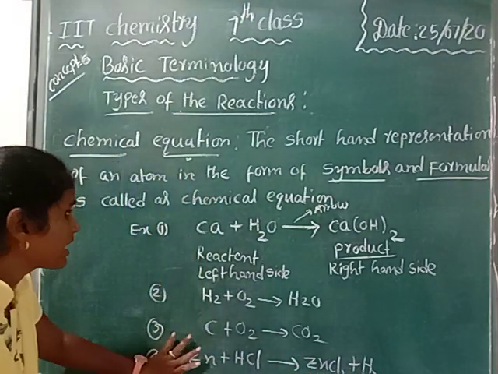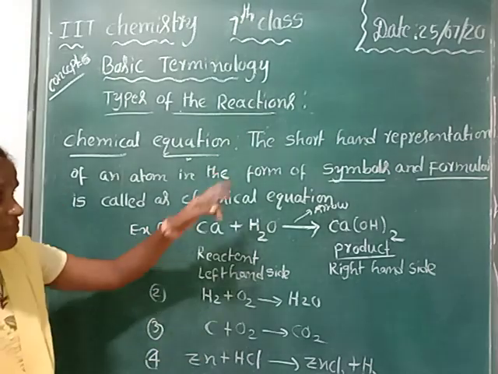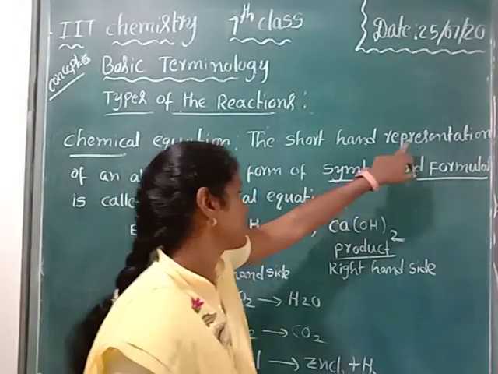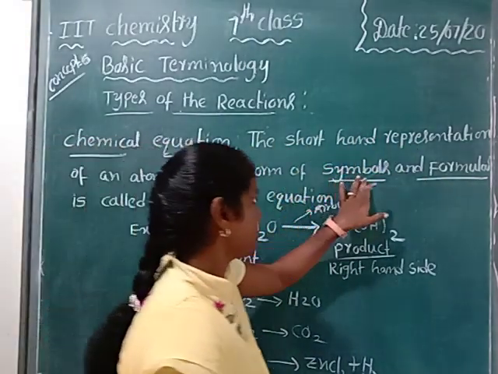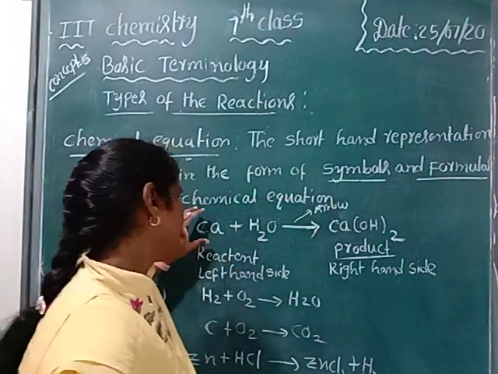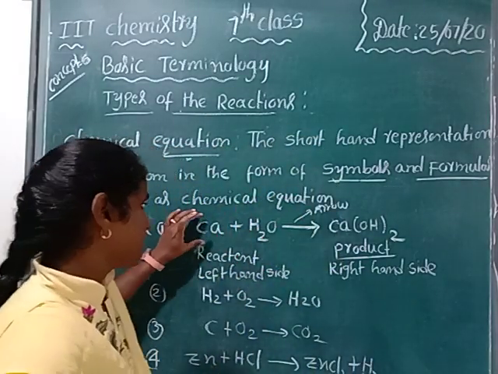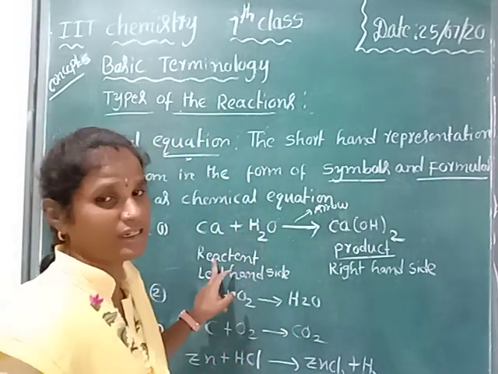Those all are chemical equations. What is the definition of a chemical equation, children? The shorthand representation of an atom in the form of symbols and formulas is called a chemical equation. This is one chemical equation. A chemical equation has reactant and product.